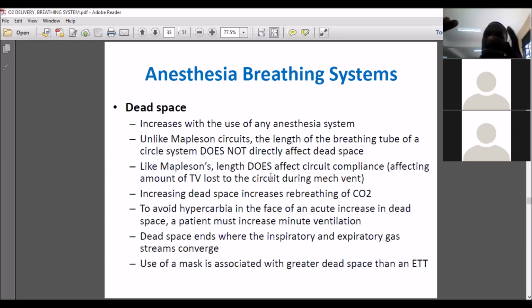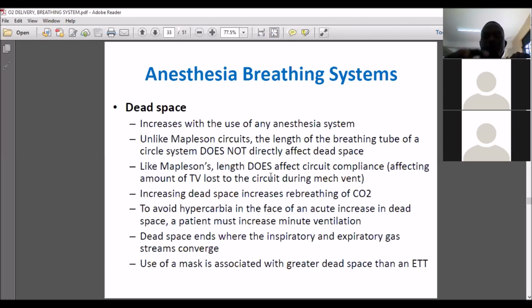Because of the dead space, air sometimes remains the same, okay? You breathe in and breathe out, so the carbon dioxide may lag in that dead space. If it lags, its partial pressure increases, therefore you rebreathe more of the carbon dioxide.